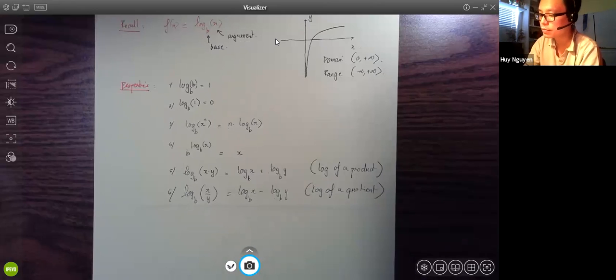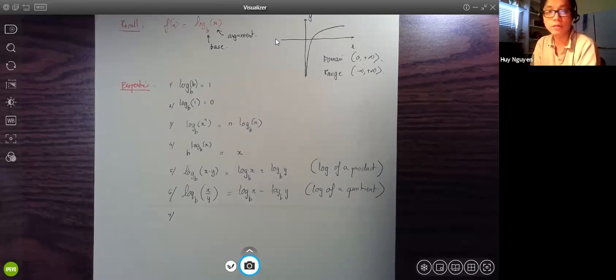Number 7. This number 7 formula is good if you memorize it, but I don't think we have to use it in homework exercises or on the test, but it's good if you know.